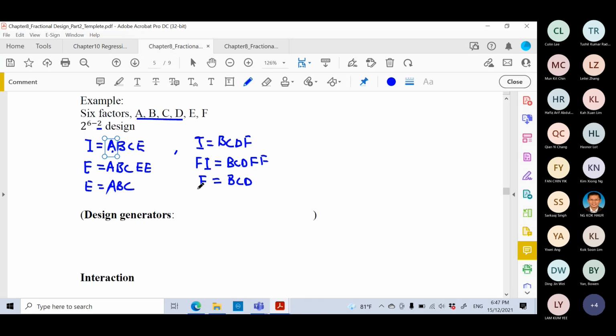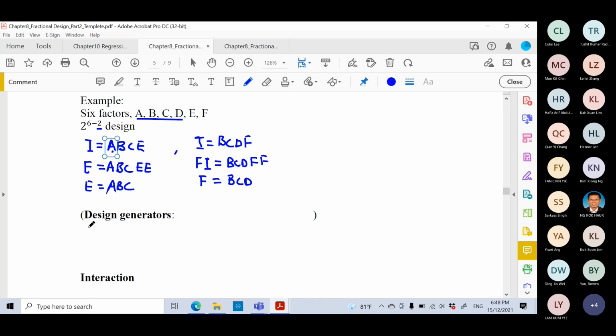So under this one, the design generators will be ABCE and BCDF.